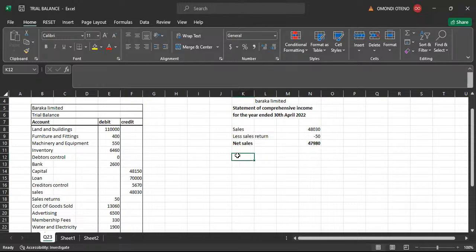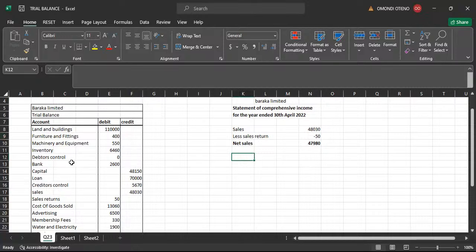So for us to get cost of sales, it is opening stock, add purchases, less returns outwards, add carriage inward to get cost of goods available for sale. And then we subtract the closing inventory for us to be able to get cost of goods sold.